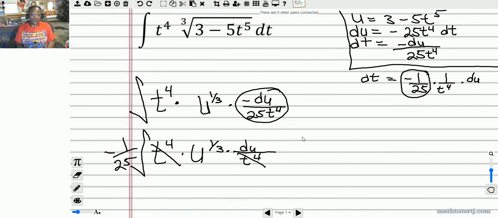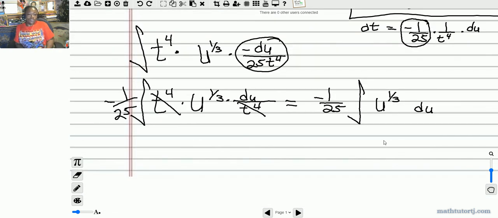These t to the fourths can go. That leaves me with negative 1 over 25 u to the 1/3 du. All right? Now we can use our general rules of integration.